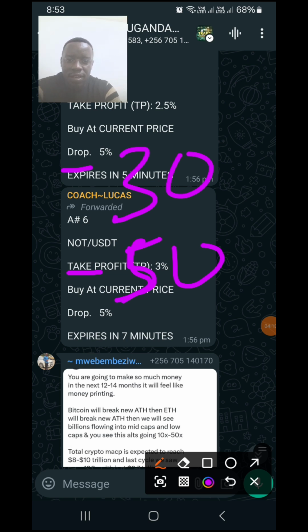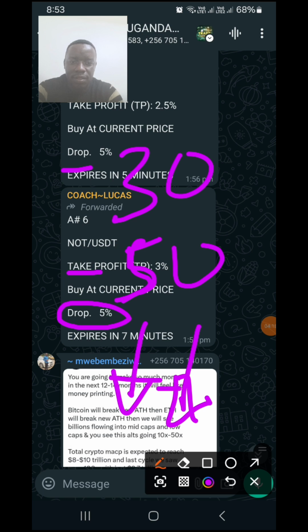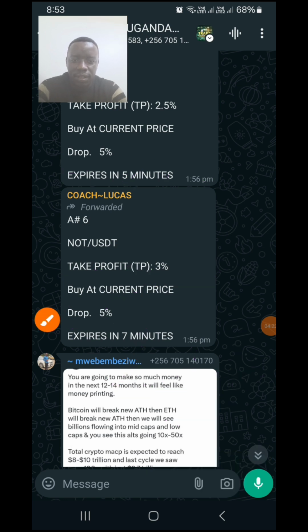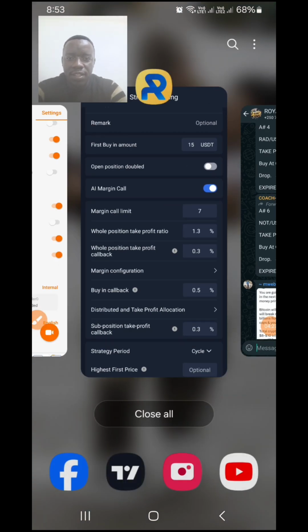So if you had set it with negative 5, it means now you're not getting anything in a day. Each one has its own advantage.